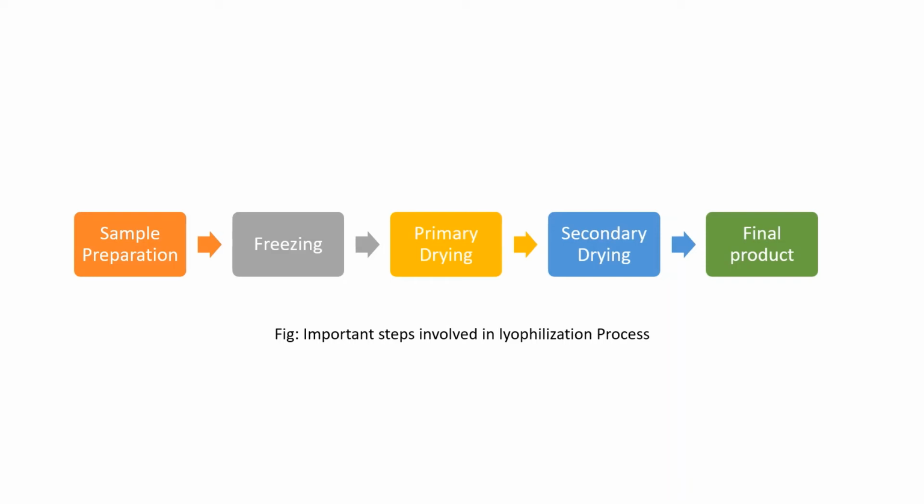The principal functions of the freezing process are to separate the solvent from the solutes, minimize thermal degradation within the dispensed product, and prevent the product from foaming when vacuum is applied. So this is about the freezing step in brief.